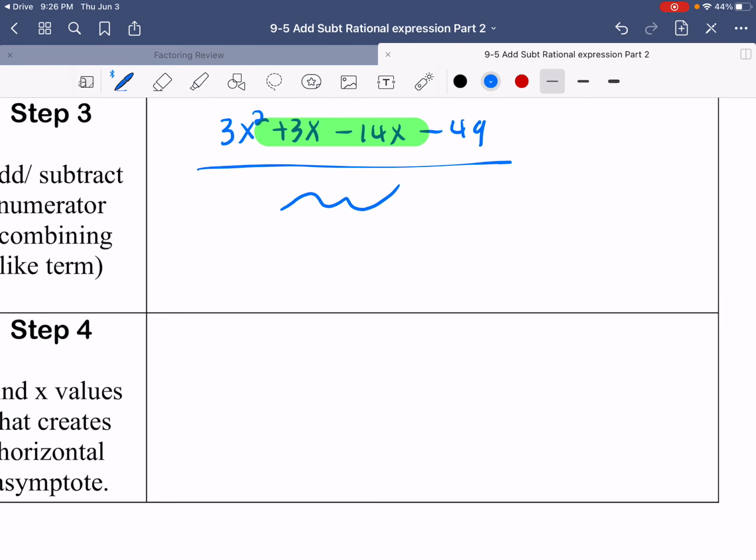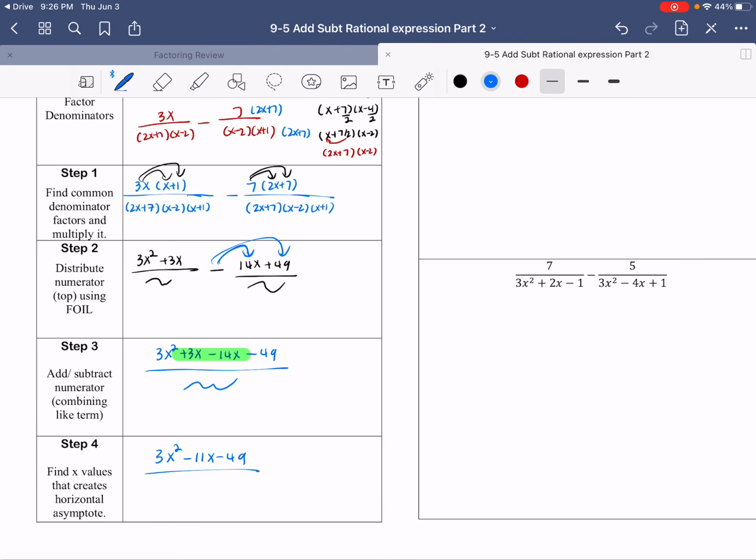So let's do this. So 3x squared. 3x minus 14x is going to be negative 11x minus 49. Since this one stands for the answer, I'm going to write all the denominator, which is 2x plus 7, x minus 2, x plus 1, where x cannot be equal to positive 2 and negative 1.